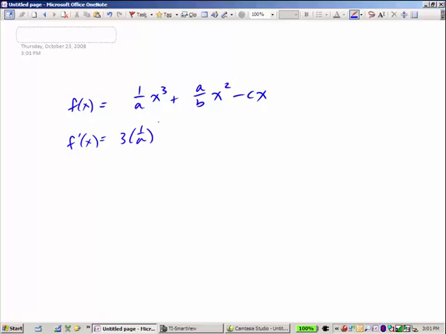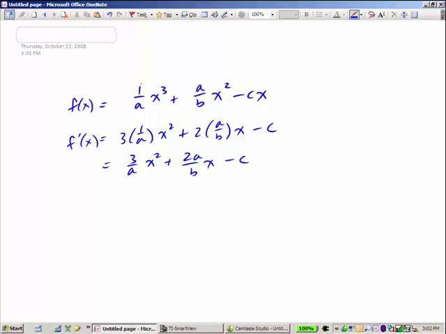That's just the next step. x squared plus 2 times a over b x minus c. And you can simplify that if you want, right? You can make that 3 over a x squared plus 2a over b x minus c. But the important thing is get out of that division, right? That x cubed over a looks like a quotient or something.